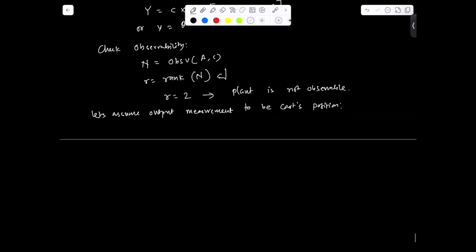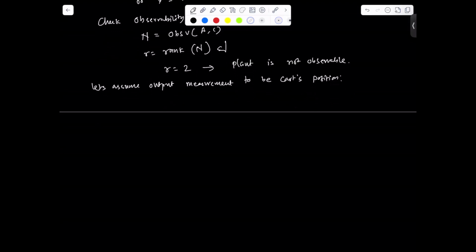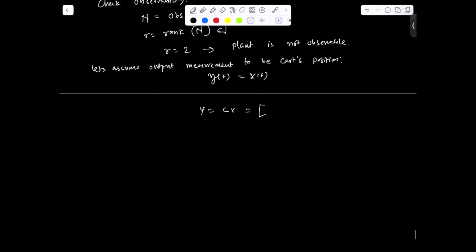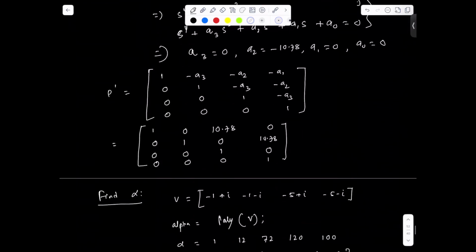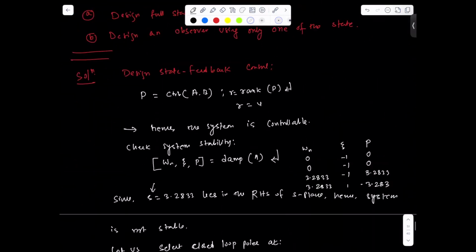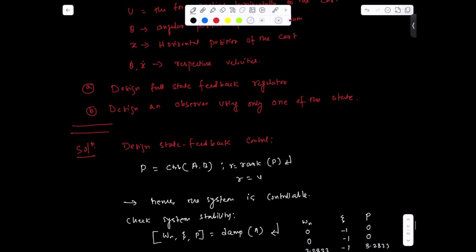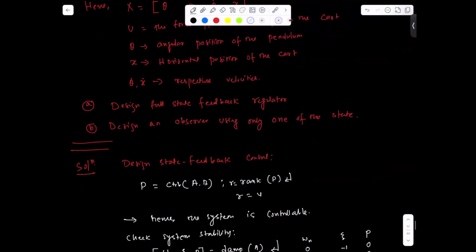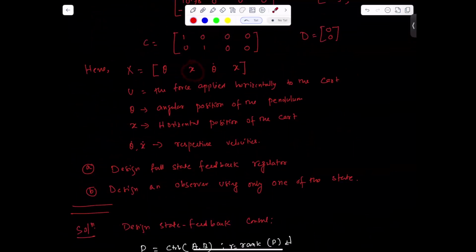So in this case, we can say y of t equal to only x of t. The output equation we can define as y equal to Cx, where we check where x is in the state vector. So x is actually the second term in the state vector, right? Here x is the second term.